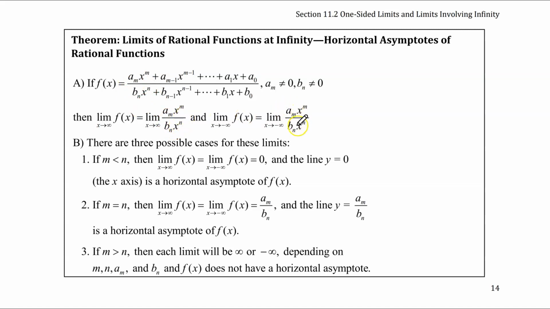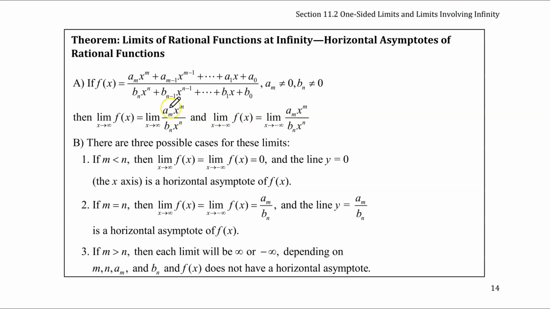Then you will have to simplify the given expression here and identify the limit. Now, note that if the degree in the numerator is less than the degree in the denominator, so if m is less than n, then when you simplify this, you would just cancel everything in the numerator.